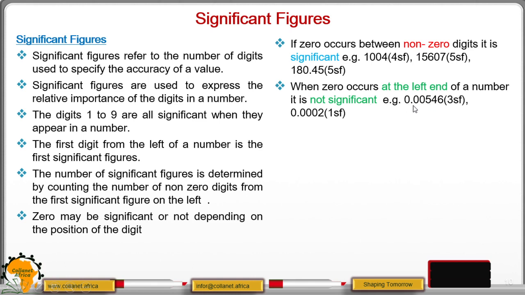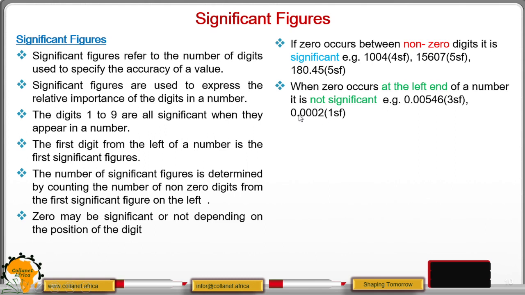For instance, if you have 0.00546, you are not going to count all these zeros. So the first non-zero digit is 5. So you count 1, 2, 3. So this number is correct to 3 significant figures. Now these zeros, we just call them place value holders.